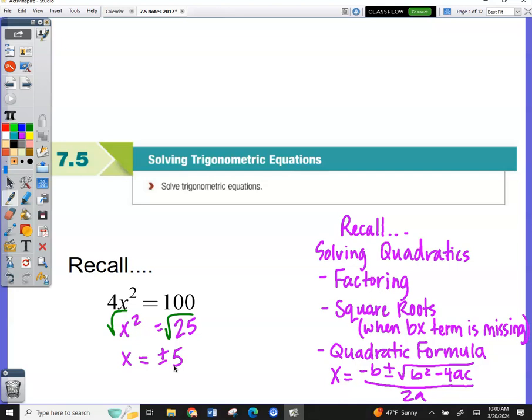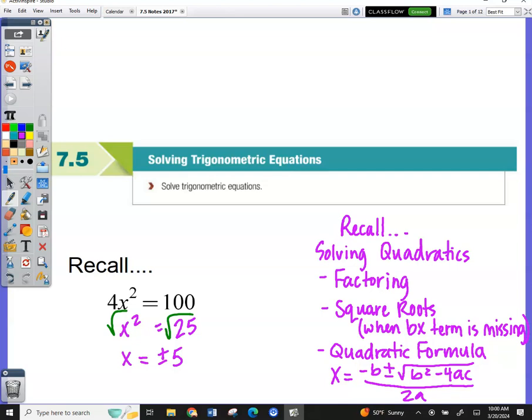Like I said a second ago, this whole section, 7.5, you will notice has only one bullet point, and we are just solving trig equations. We'll just do a couple today, and then we'll call it a stopping point, and tomorrow we'll do the rest.